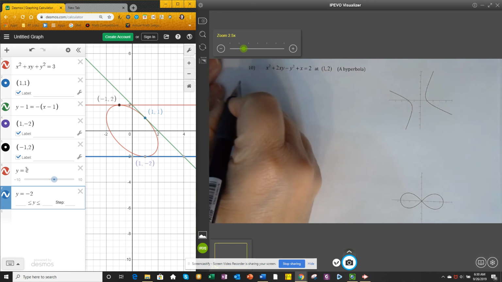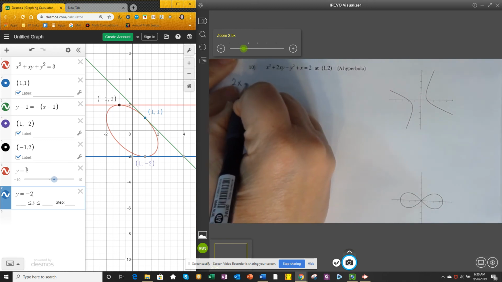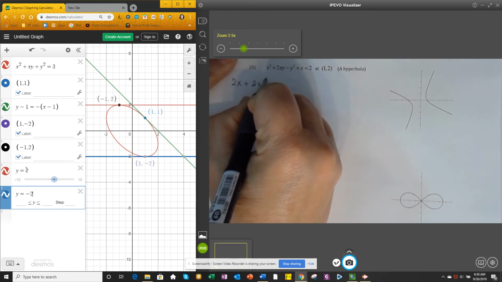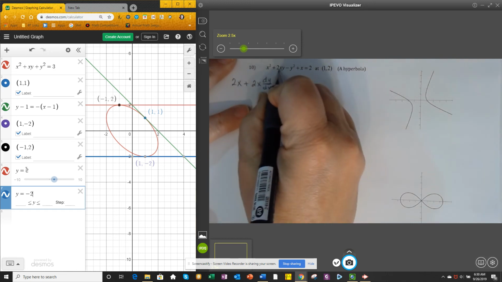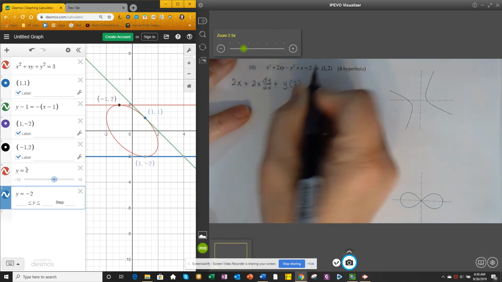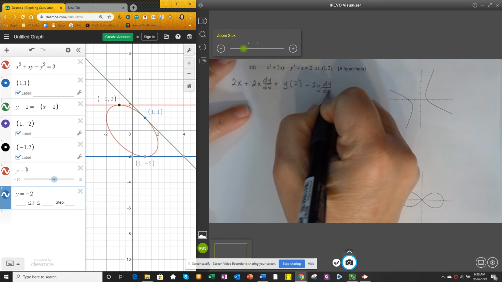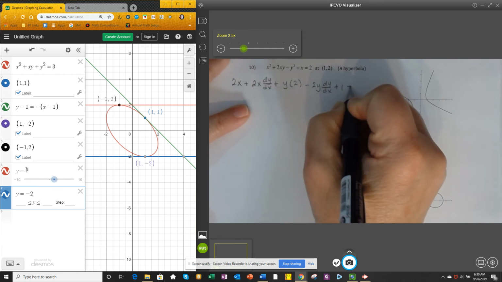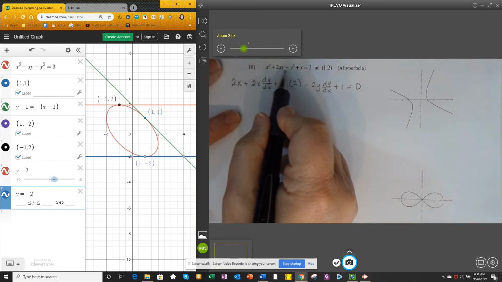All right, so you're back from your pause. So this is going to be 2x, taking the derivative, plus first, which is 2x, d second, dy/dx, plus second, which is y, times the derivative of the first, which is 2, minus 2y dy/dx, plus 1 equals 0. And this is a rotated hyperbola, which is really pretty cool.